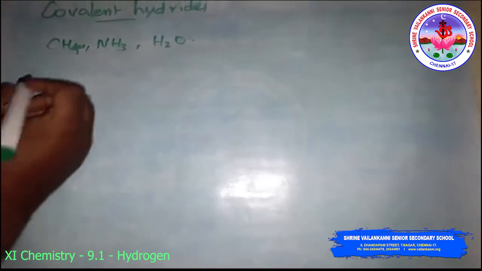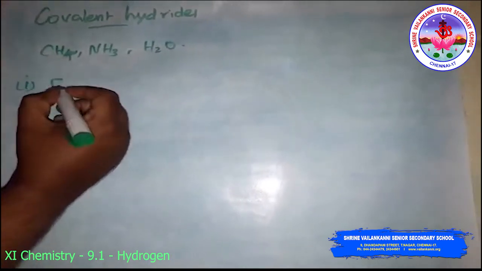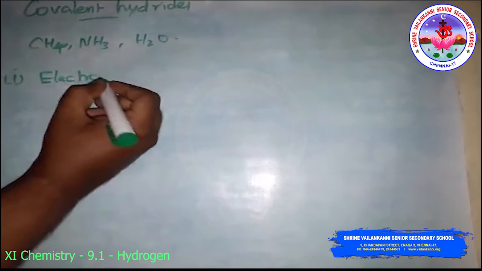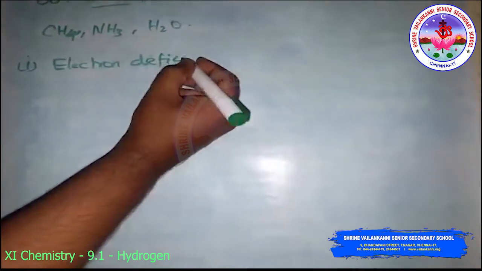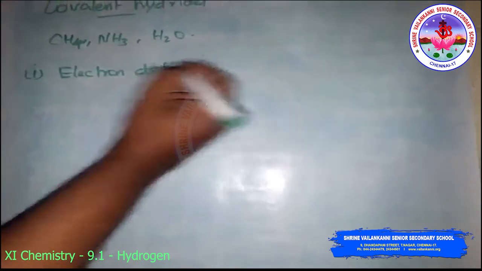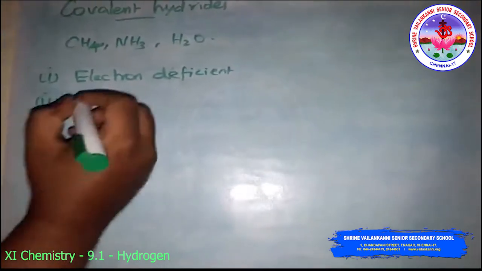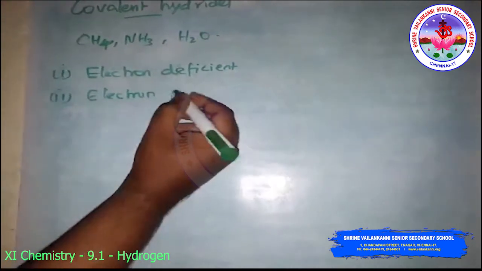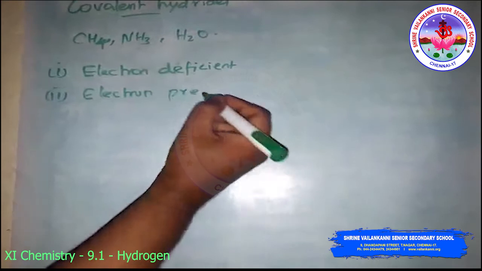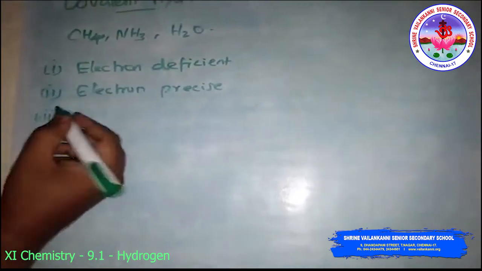Usually they are classified into three types: electron deficient, electron precise, and electron rich.